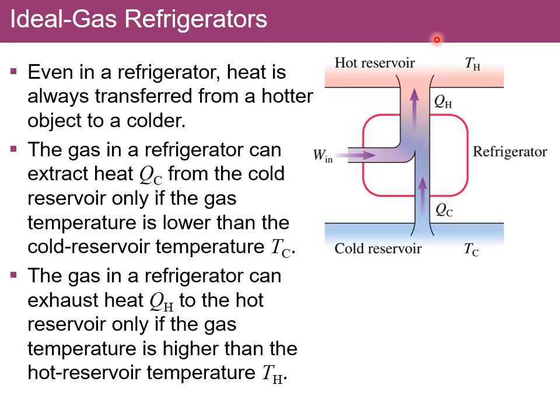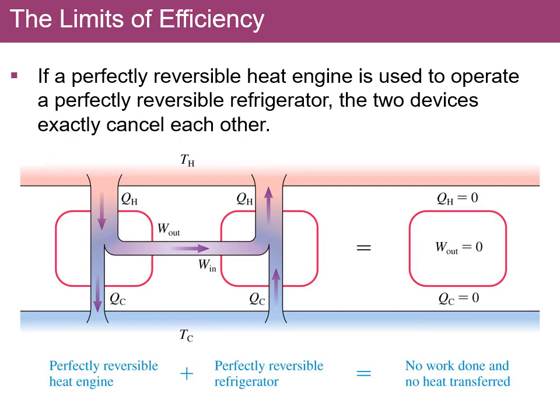The gas in a refrigerator can exhaust heat QH to the hot reservoir only if the gas temperature is higher than the hot reservoir temperature TH. If a perfectly reversible heat engine is used to operate a perfectly reversible refrigerator, the two devices cancel each other out.